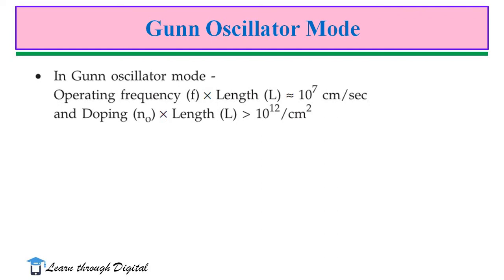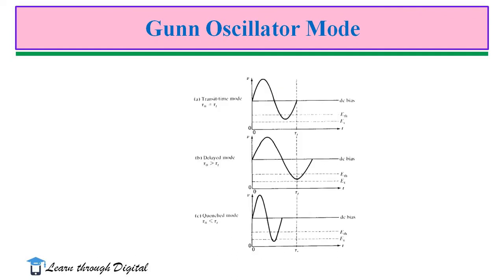The normal Gunn domain mode, that is Gunn oscillation mode, is operated with the electric field greater than the threshold field. That means E is greater than ETH. There are three possible domain modes for the Gunn oscillation mode. These modes are transit time domain mode, delayed domain mode, and quenched domain mode. These are illustrated in figure A, B and C respectively.